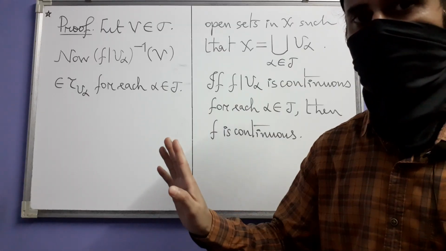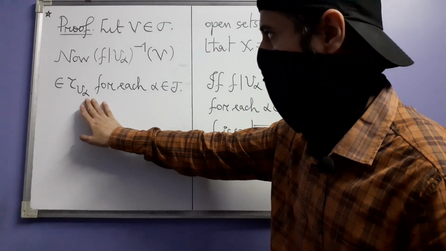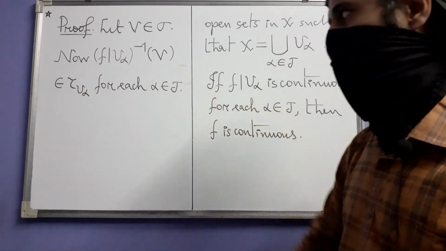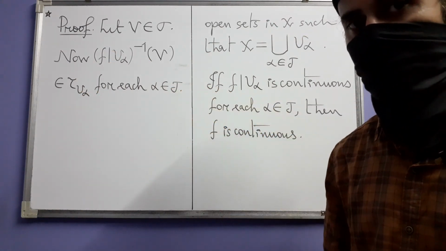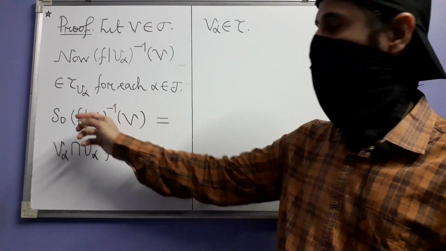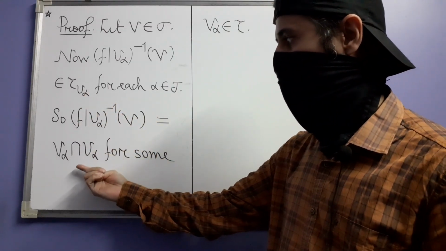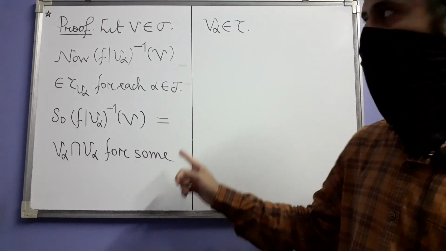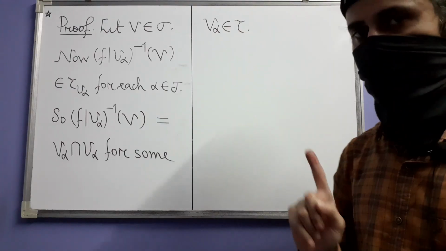Tau is the original topology on X. So this will belong to tau restricted to U alpha for each index alpha. But then by the definition of this subspace topology, this open set will be of this form: V alpha intersection U alpha for some open set V alpha coming from the topology tau.